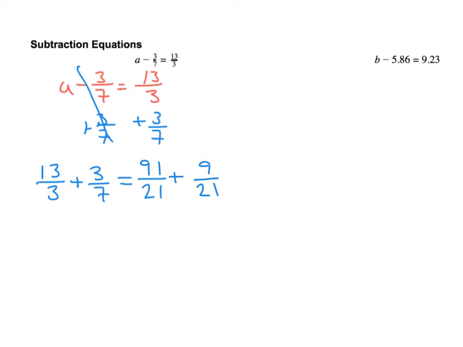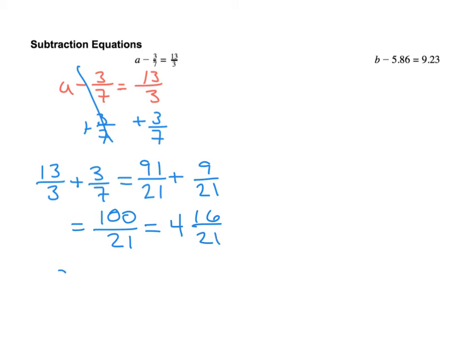So when I add 91 21sts and 9 21sts, that's going to give me 100 over 21. And that can be simplified. So 21 goes into 100 4 times. So I've got 4 wholes, and 21 times 4 is 84, the difference between 100 and 84 is 16, so that leaves me with 16 21sts.